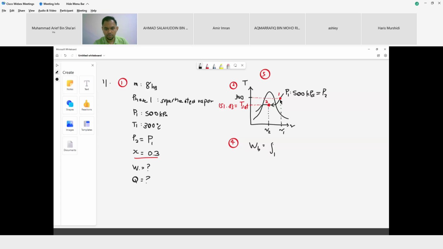Last week, boundary work is equal to the integral from 1 to 2 of P dV. Next, P is constant, P1 equal to P2. That means the process is isobaric, a constant pressure process.